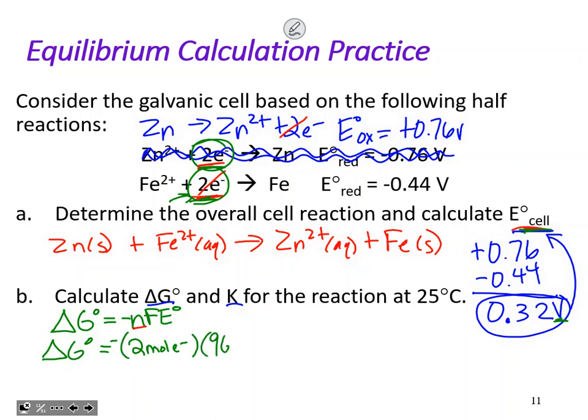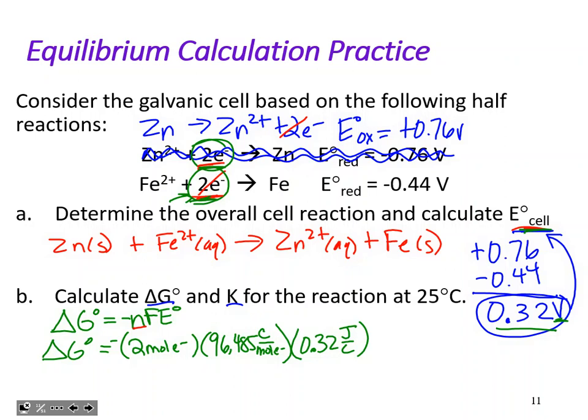Faraday's constant, 96,485, is in coulombs per mole of electrons. And then our E cell, which we just calculated right here, is 0.32 volts, which is joules per coulomb.